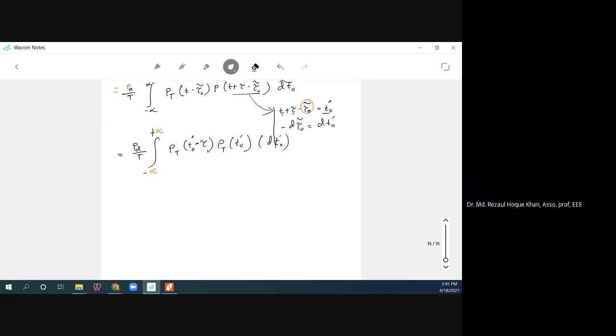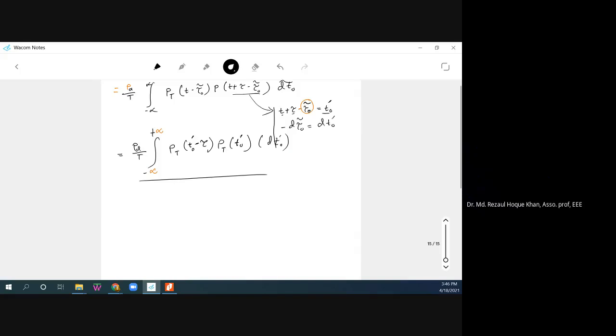Okay, so what we find here is a very interesting expression. We find p(t) now depends on tau.